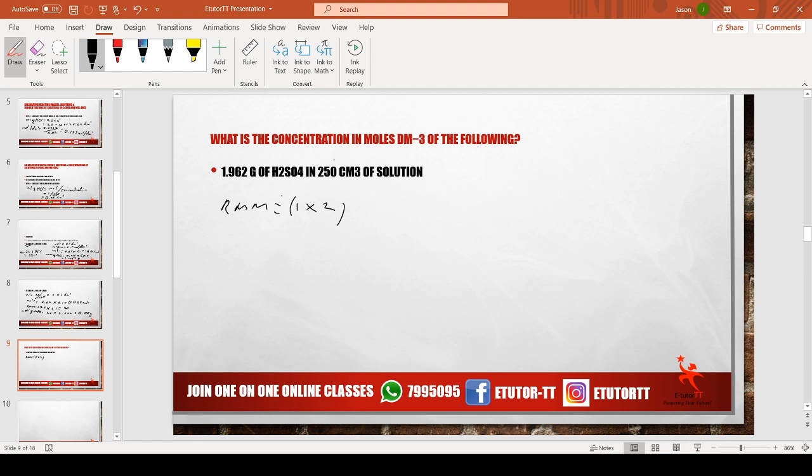For hydrogen plus 32 for sulfur plus in brackets 16 by 4, which gives us 1 by 2 is 2, 2 plus 32 is 34, and then 16 by 4 is 64. So 34 plus 64 is 98.